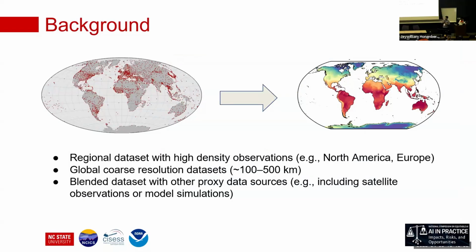For example, in North America and Europe you have multiple different datasets based on those observations because it's easy to do. Sometimes people just coarsen it: we create a global dataset but at a much coarser resolution, to ensure each grid cell has at least one observation for monitoring.